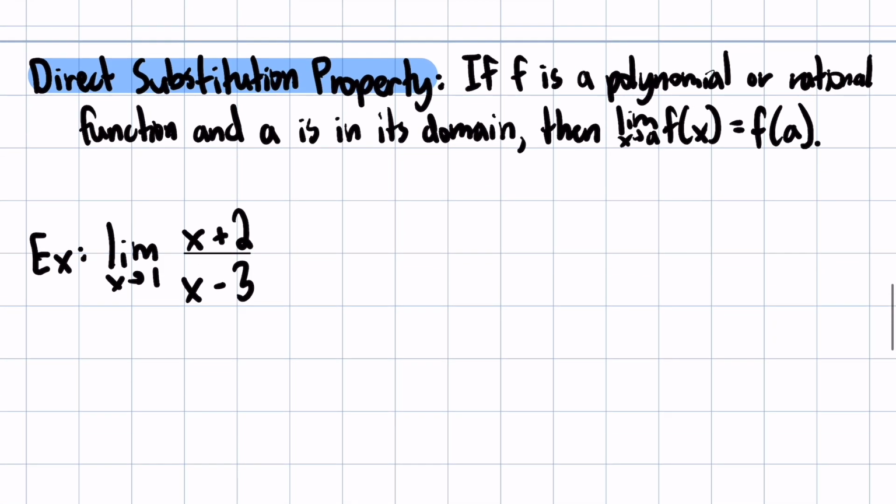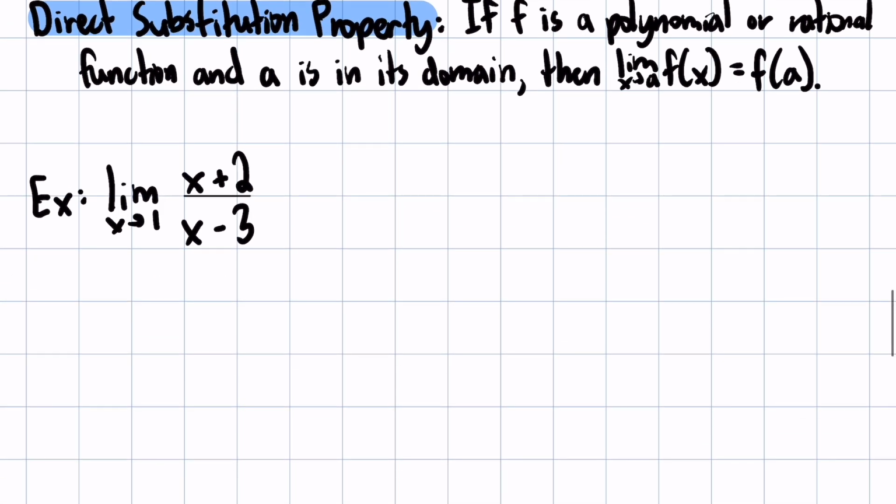So here we have a rational function, okay? The limit as x approaches 1 of x plus 2 over x minus 3, right? We're dividing two polynomials, so that is rational. What we're able to do here is just plug in 1 for x. We don't have to do any extra work. And so that's our answer, just like that. So this is definitely a really helpful shortcut when you have polynomials and rational functions.